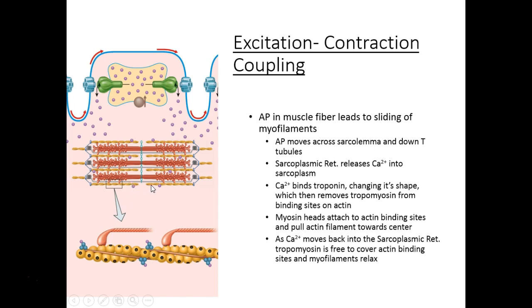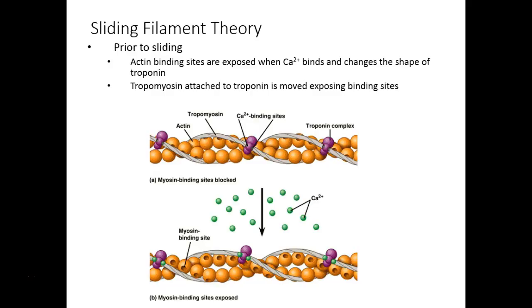But when calcium is present, the calcium binds the troponin, it changes shape, and the tropomyosin moves off those binding sites. So as long as calcium is present, the myosin heads can bind to the actin.